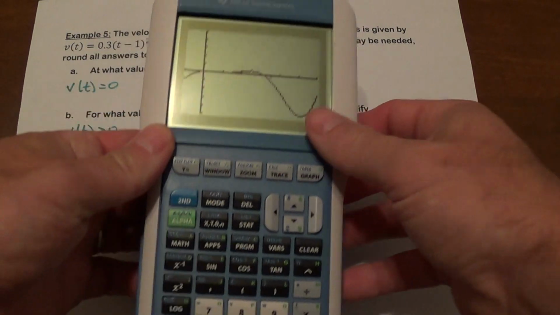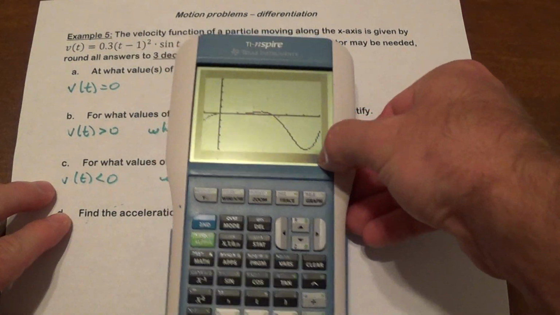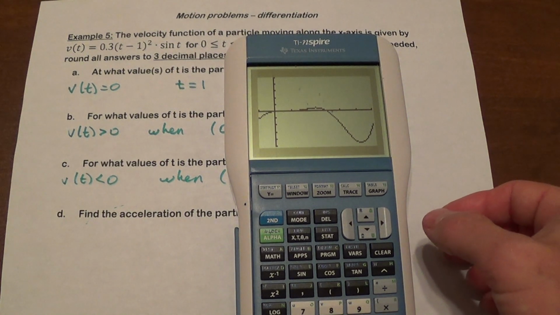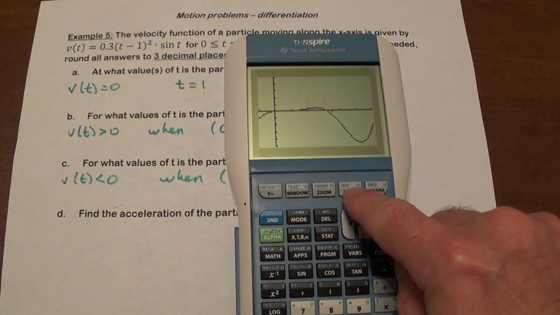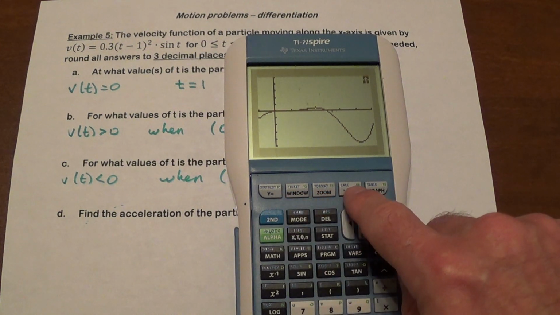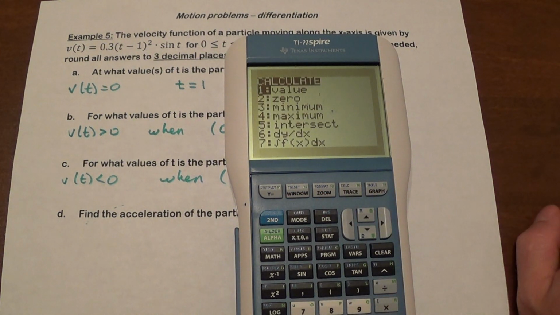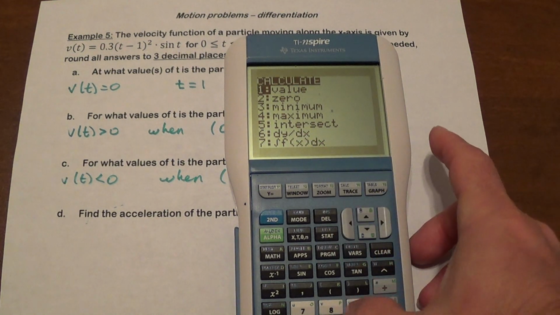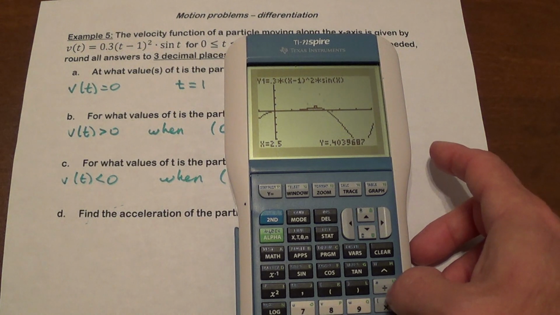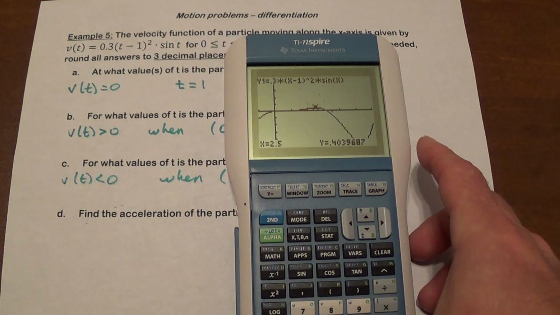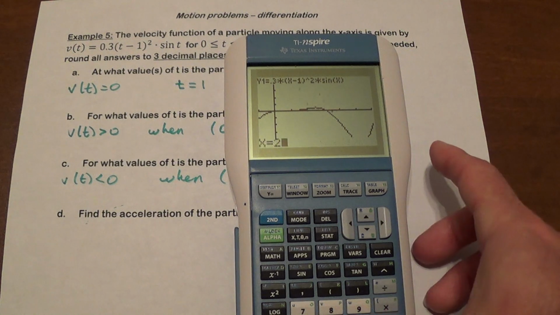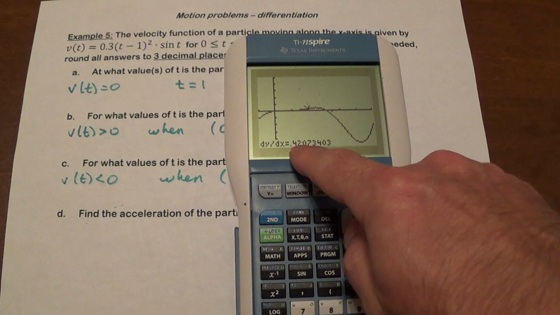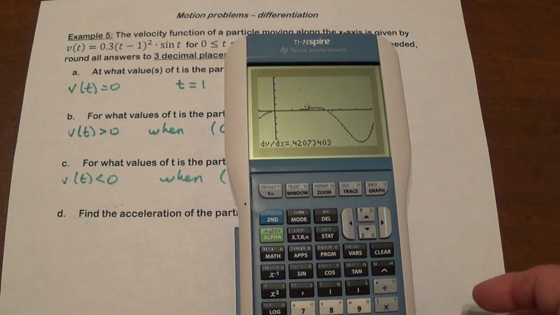So when we're in the graph mode, on this particular calculator, your graphing calculator may work differently, this says calc, so we're going to press second trace, which is taking us to the calc menu. One of the things that we have here is dy over dx, which is option number 6. So we're going to press that, and we're just going to manually type in the point that we want. So we're going to press 2, and we're going to get 0.42073.